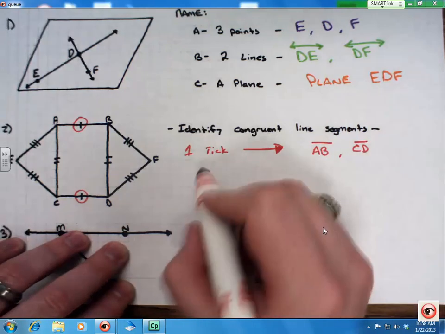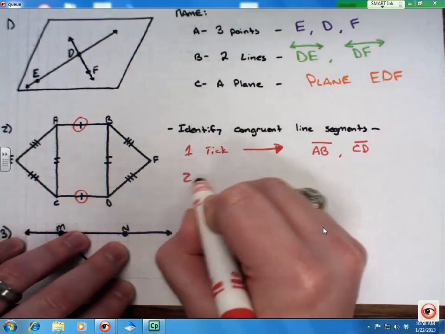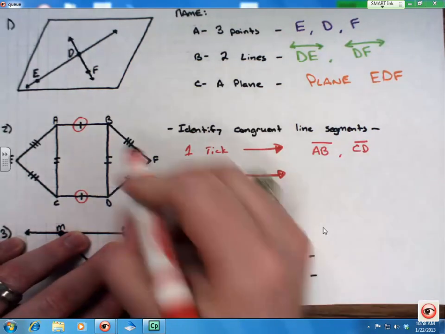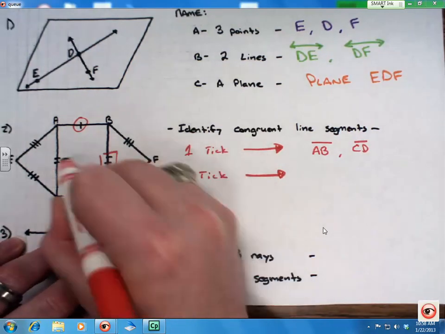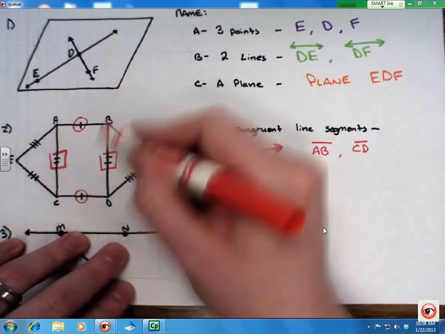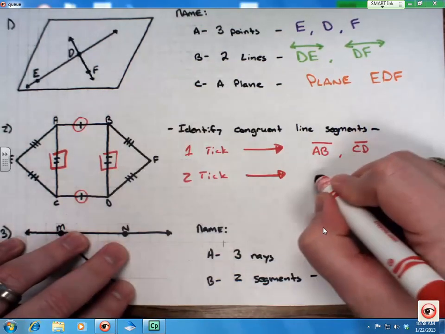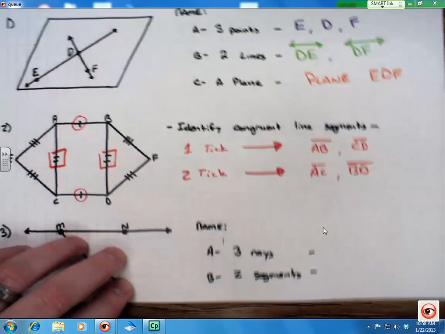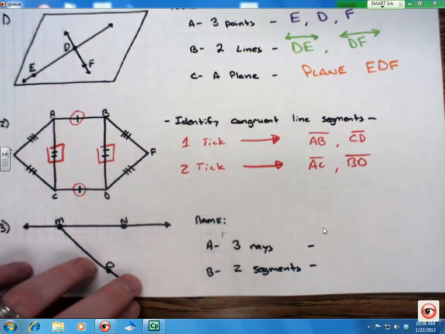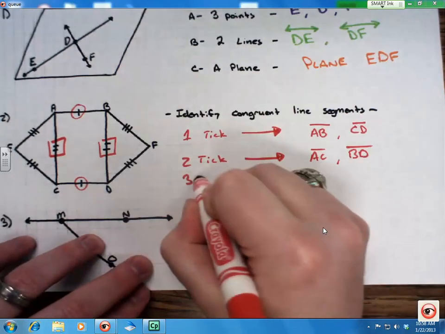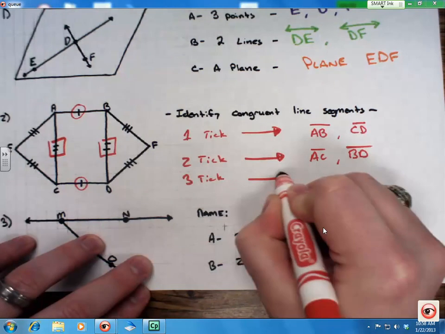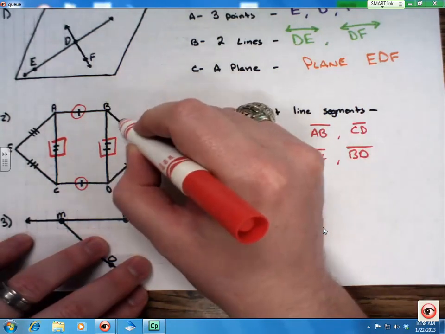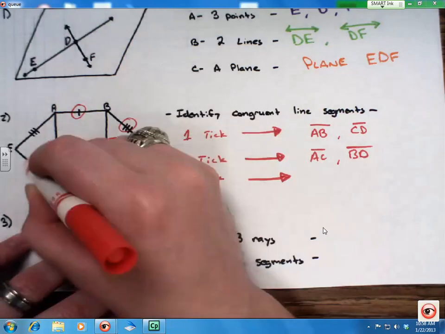Okay, and then I would say the two tick marks. Well, that one's going to be this guy right here and this guy right here, which is going to be AC and BD. So we could say AC and BD are congruent. And finally, we're going to have three tick marks, and there are actually more of these, because if you look over here, this guy right here has three, this one has three, this one has three, and this one has three.